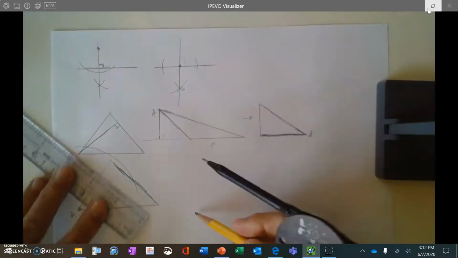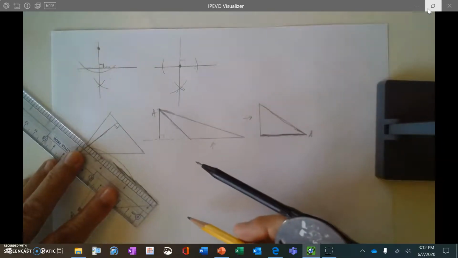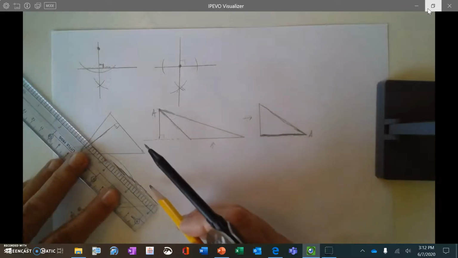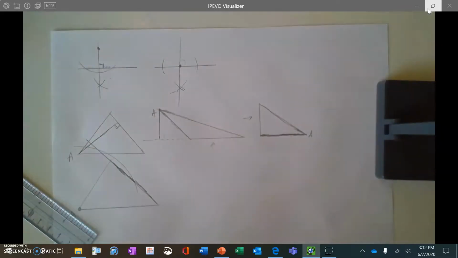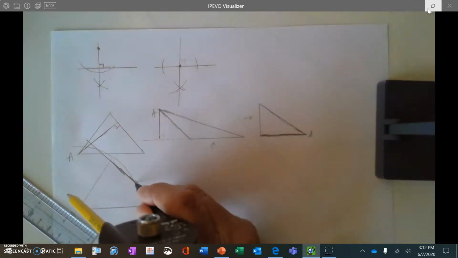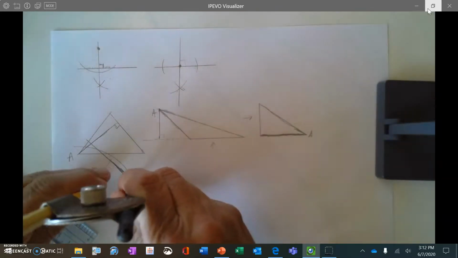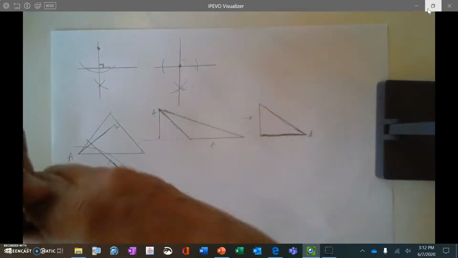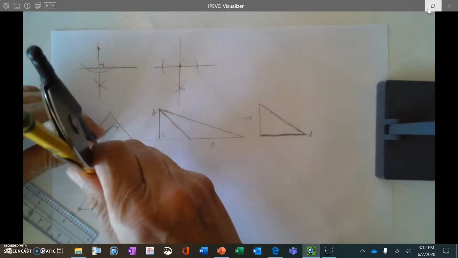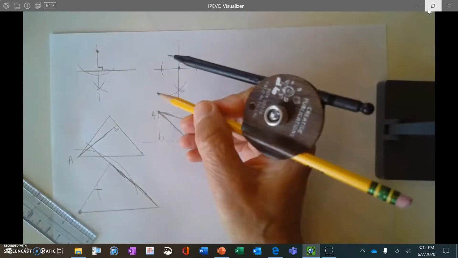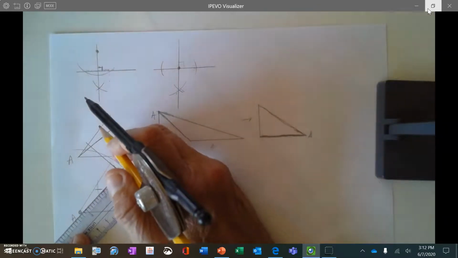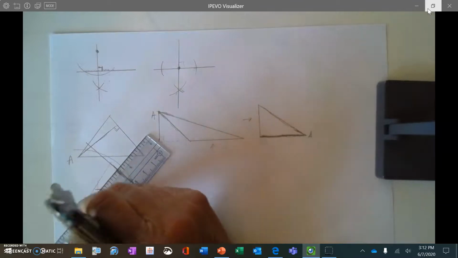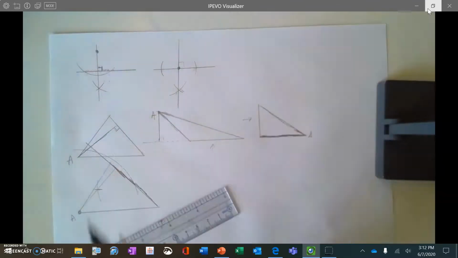I swing an arc. If my arc does not go through in 2 spots, I make my line longer. And now from this point, I make an arc. And from this intersection spot over here, I make an arc. And so therefore, when I connect from A to that intersection spot, that is the altitude of the triangle.